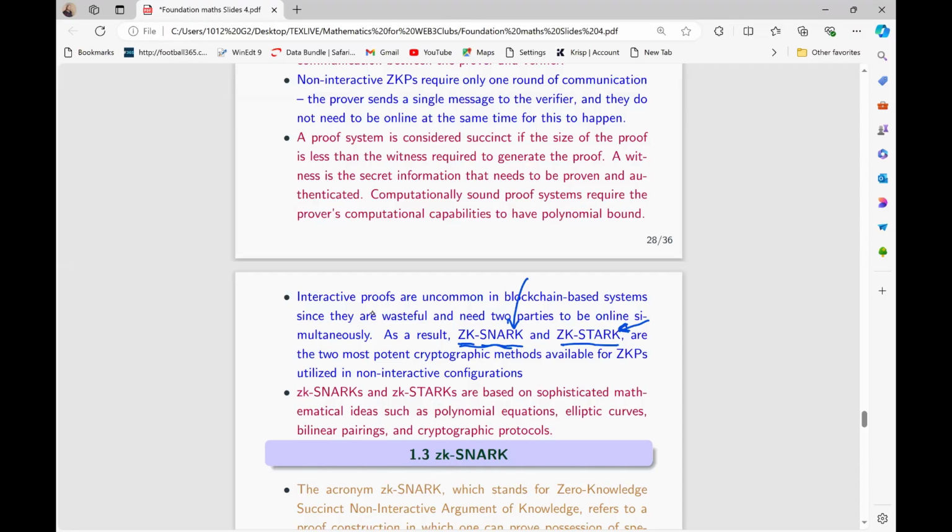This ZK-STARK is the most recent, and it came up because of some disadvantages of the ZK-SNARK. So ZK-SNARK has some disadvantages, and this one comes now because of those disadvantages. So it's a better form, although the two are still used online. In fact, this one is used by Zcash. But now this one is better compared to the ZK-SNARK.